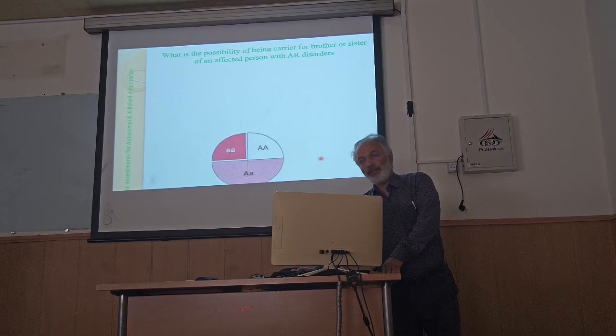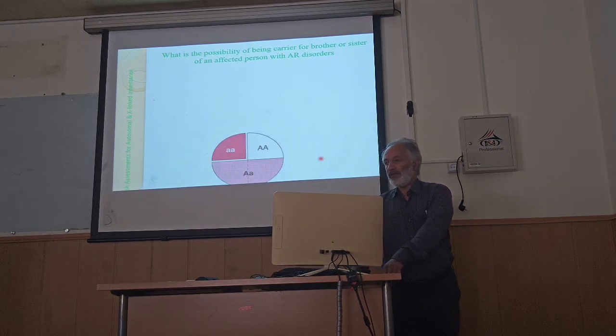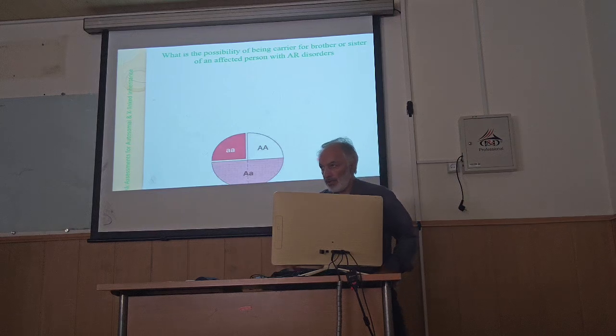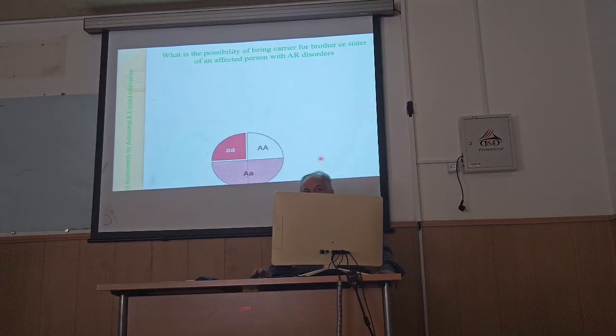Because if the parents are obligatory carriers, there is a 25% chance of being affected for each individual, an affected homozygote, 25% of being a healthy homozygote, and 50% of being a heterozygote.